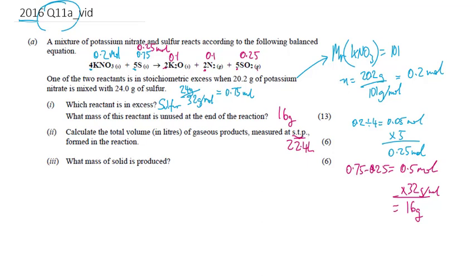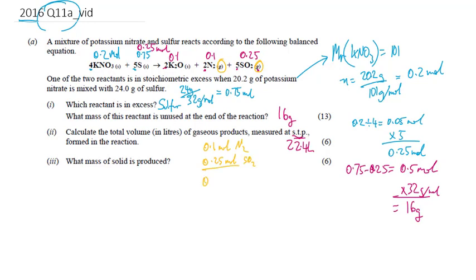So the gaseous, we're looking for the G here. I'll get another colour. So we've got G, meaning gaseous there. We're interested in the moles of nitrogen. We've got 0.1 moles of N2, and 0.25 moles of SO2.